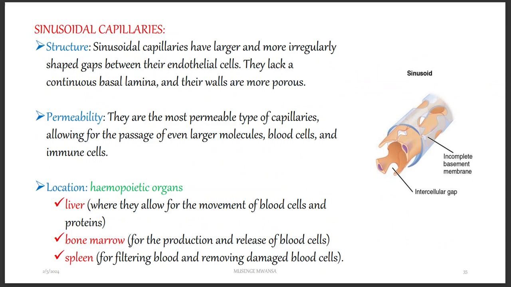Sinusoid capillaries are located where you want to let large molecules, blood cells, and immune cells pass. They are mostly found where immunity is involved, like in the liver, bone marrow, and the spleen. So these are sinusoid capillaries.